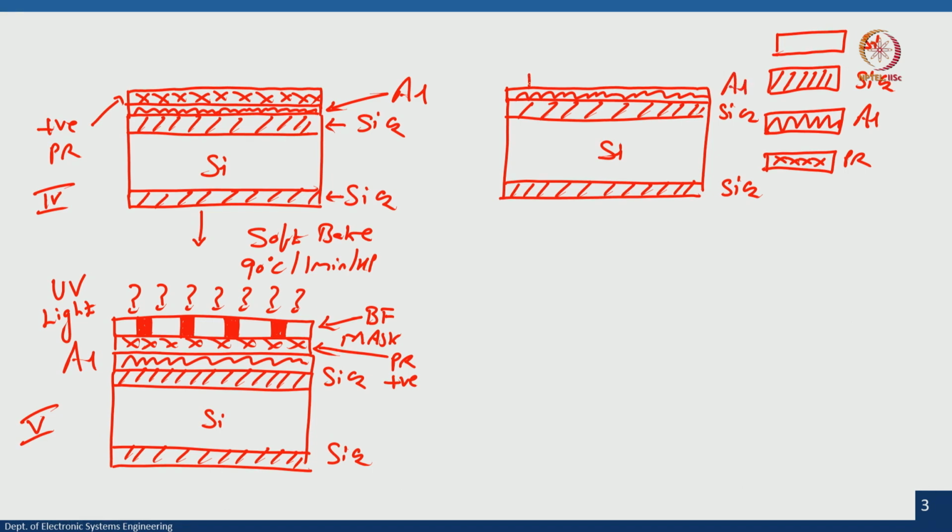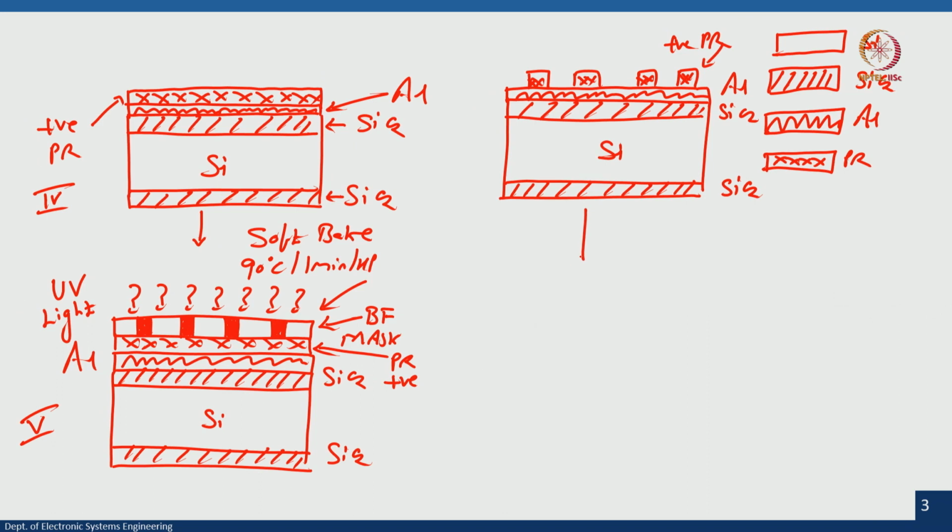When you dip the wafer in photoresist developer, what will happen? The photoresist will get patterned similar to your mask, correct, because unexposed region becomes stronger.